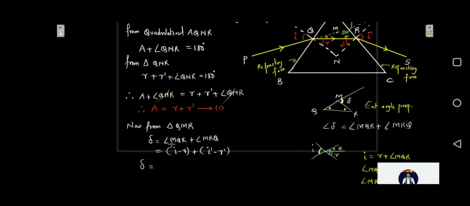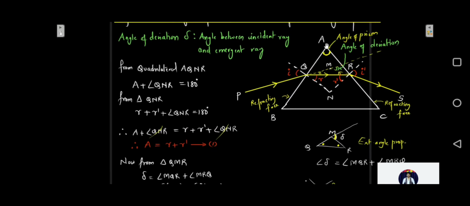This angle MQR is nothing but the deviation at the first surface, because if this AB interface was absent, this ray would have gone straight like this. But since this interface is there, this ray has bent through this angle. That means this angle becomes the deviation.